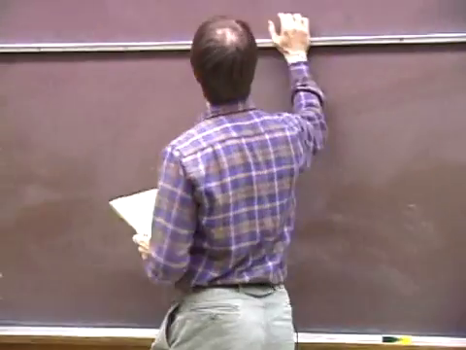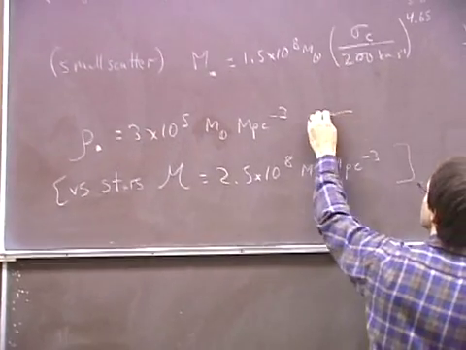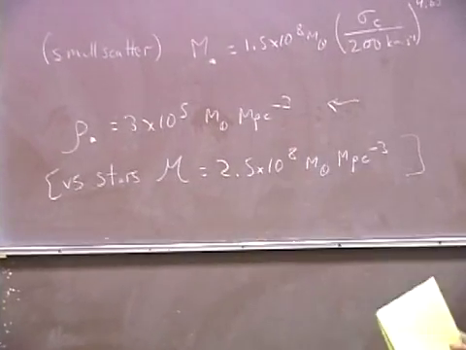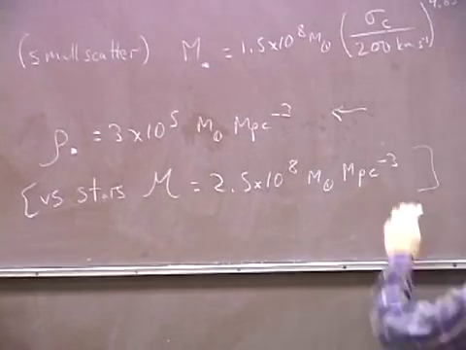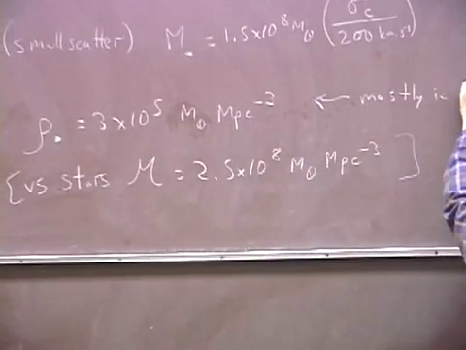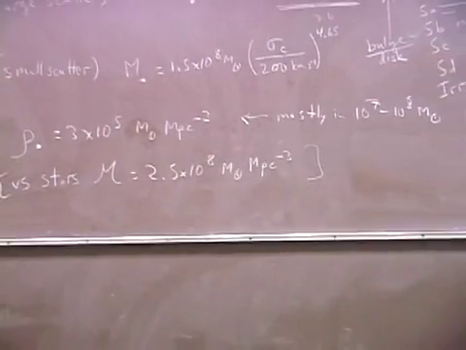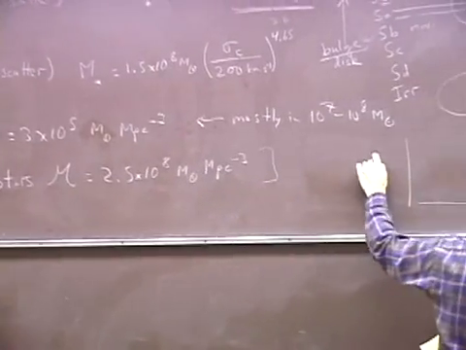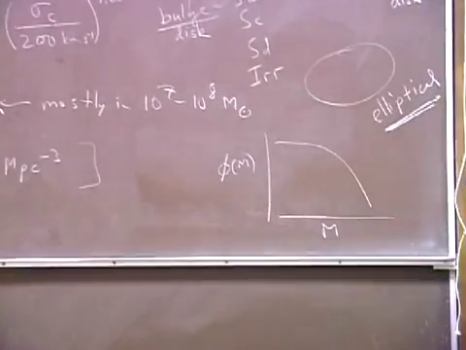But most of the black holes contributing to this mass, so you ask what is the typical black hole mass that's contributing most of that 3×10^5, it's mostly in 10^7 to 10^8 solar mass black holes. Okay, and the mass function of the black holes, phi of m as a function of m, looks something like this.